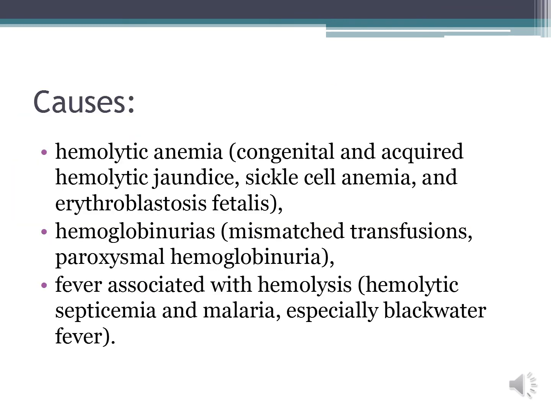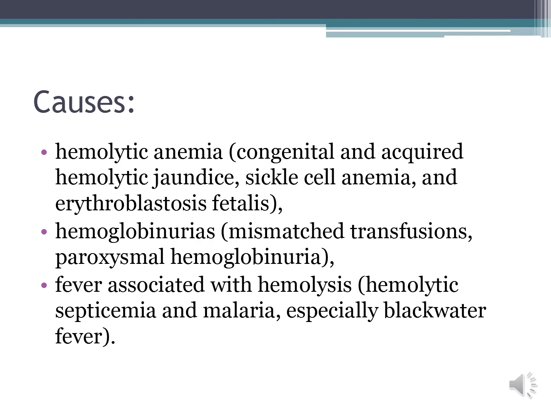So, as I said before, anemia may be congenital, acquired hemolytic jaundice, sickle cell anemia, erythroblastosis fetalis. All these may cause the breakdown of erythrocytes and prehepatic jaundice.